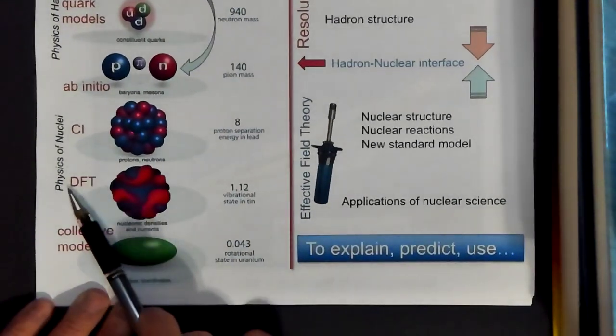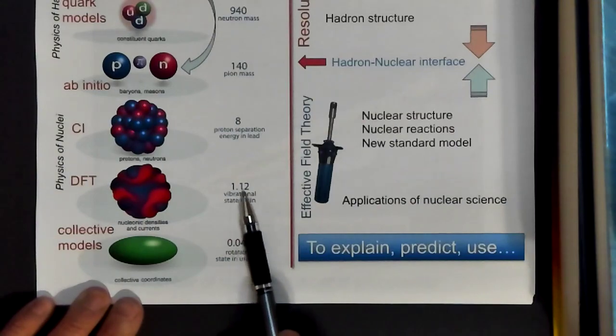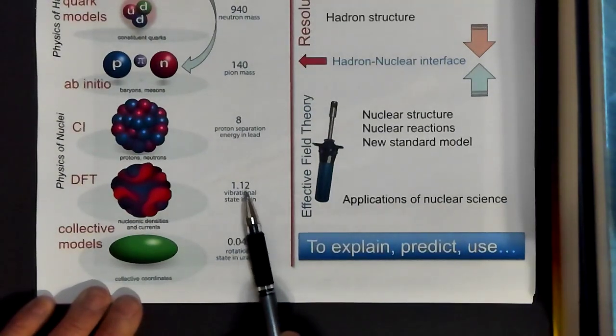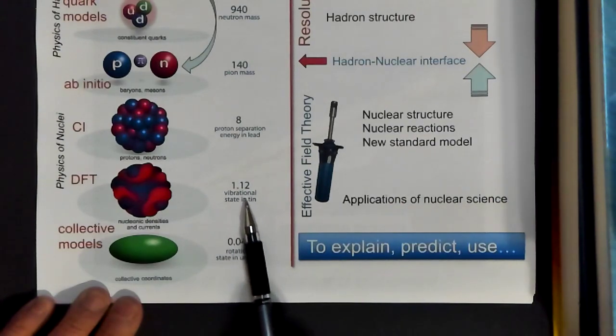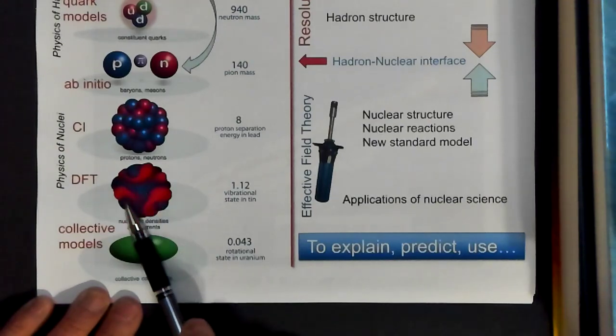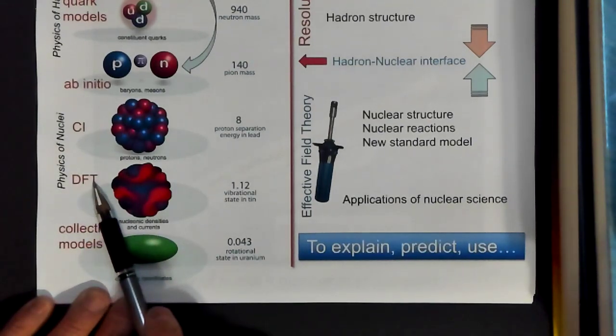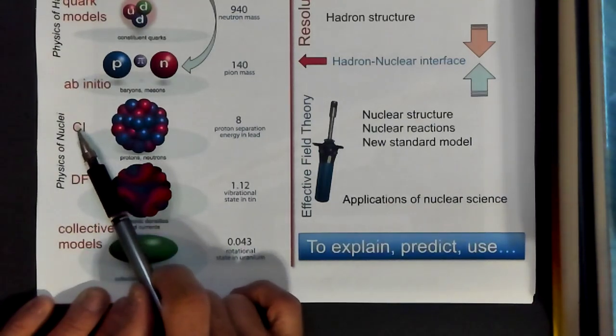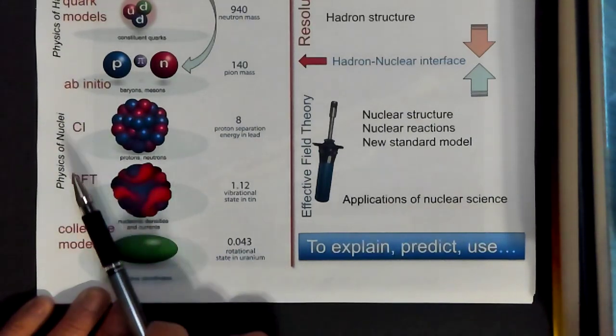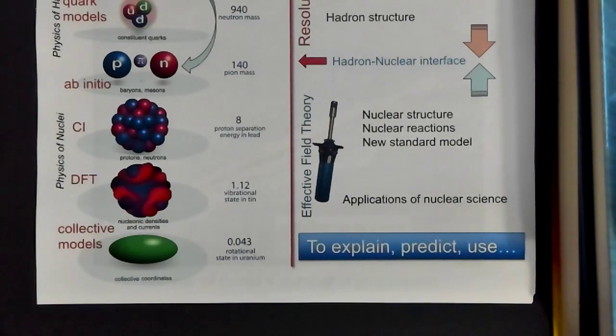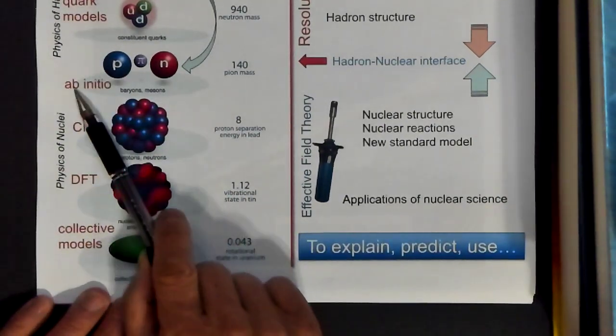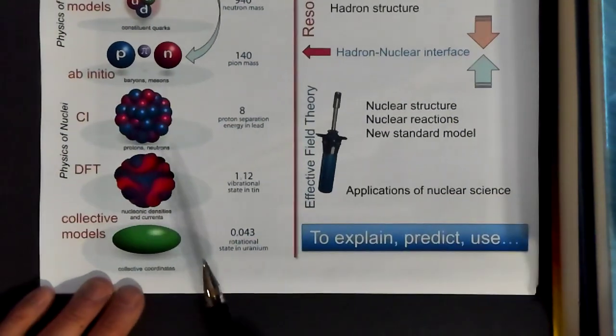And if you go to even lower energies, you might want to describe some low excitations, like the first vibrational state in a nucleus like tin. Then the energies would be on the order of 1 MeV, and so you might use something like density functional theory. By the way, CI stands for configuration interaction, just basically writing down some shell model calculation, and ab initio just means from first principles.